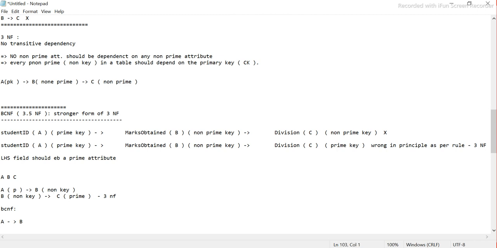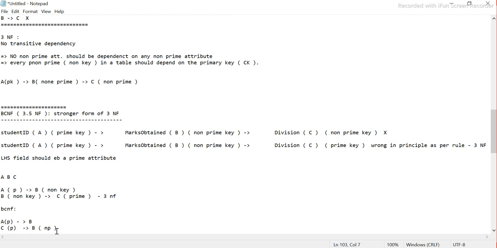What is allowed in BCNF is, let's say B is there, and C is pointing. Let's say B is non-prime, and this is prime, and this is prime.